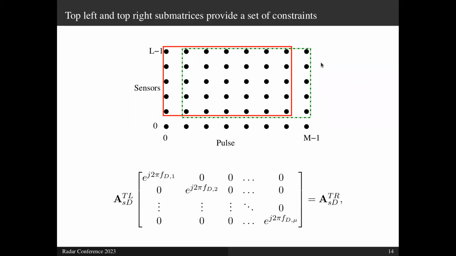These two submatrices are related by this equation because of the shift invariant structure. So we get a set of constraints that need to be satisfied here.